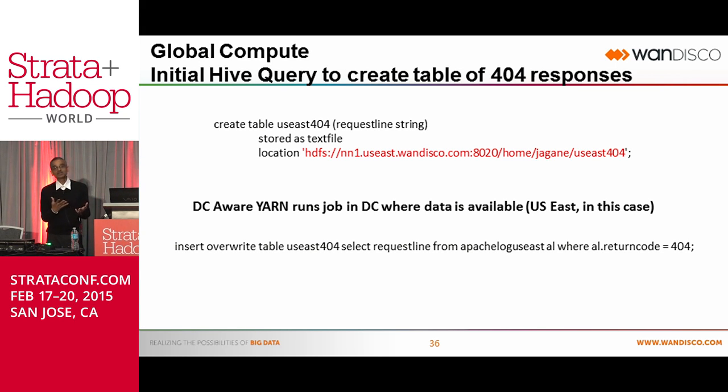But the nifty thing is, because we prioritize this, you can run an aggregation Hive query in a data center of your choice, maybe the one with the most capacity or the least utilization, much before all of the 60 gigabytes from US East and maybe 40 gigabytes in US West and everything else gets replicated to one hub, if you will. So this shows you the power of being able to do strongly consistent storage along with very intelligent scheduling of where the jobs are run.